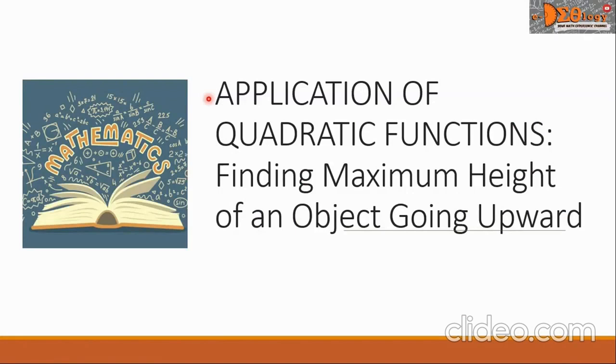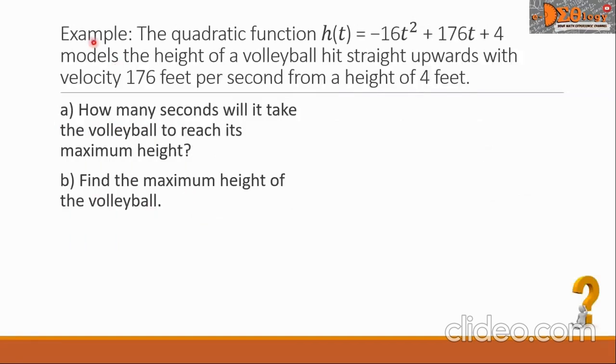Today we're going to study application of quadratic functions. Let us have this example. The quadratic function h of t equals negative 16 t squared plus 176 t plus 4 models the height of a volleyball hit straight upwards with velocity 176 feet per second from a height of 4 feet.